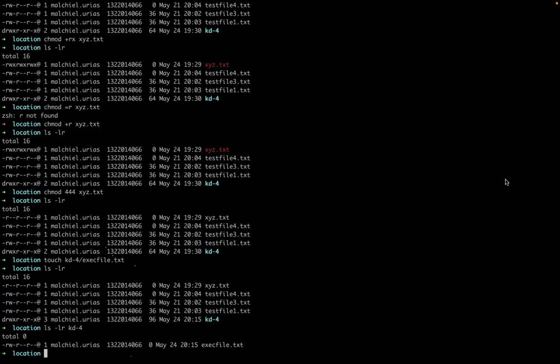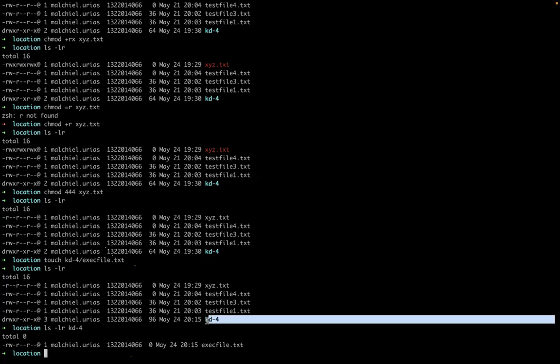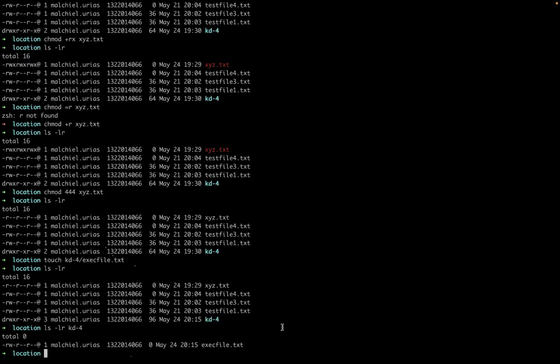Say if I compress a folder, like this folder is KD4, into a .zip file, it should be something like KD.zip.